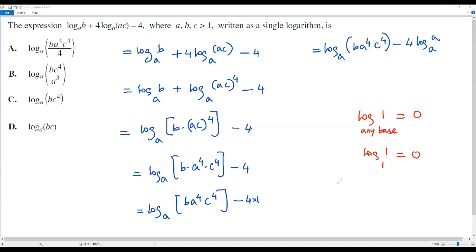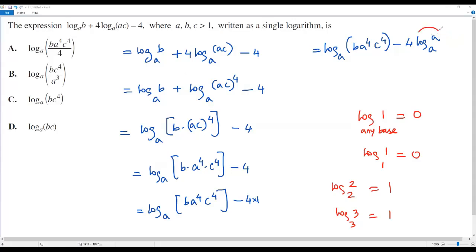Except this case, let's consider some other cases: log 2 to the base 2, log 3 to the base 3. Its value is 1 because the base and the argument are the same. So we have to make sure the argument is not 1, so that the value of the logarithm will not become 0. How can I make sure that the value of a is not equal to 1? The question clearly says all three values a, b, c are greater than 1.